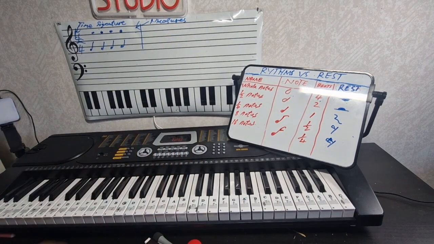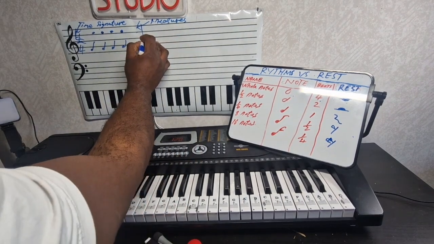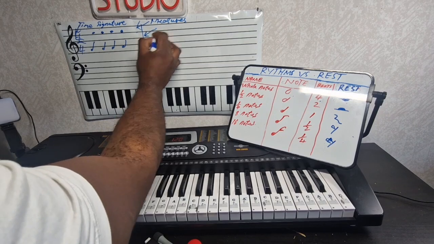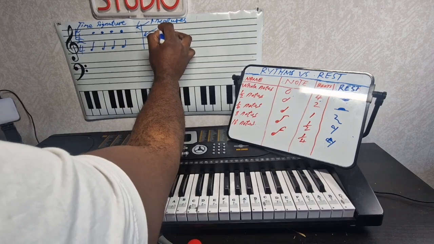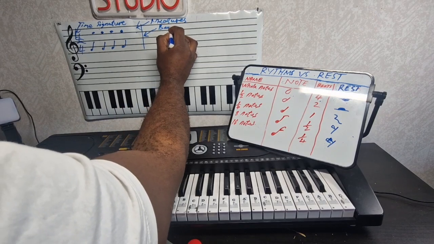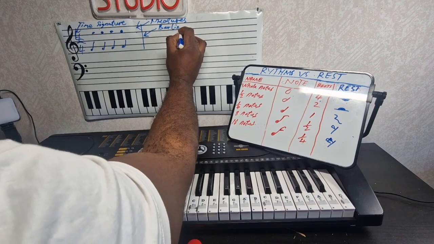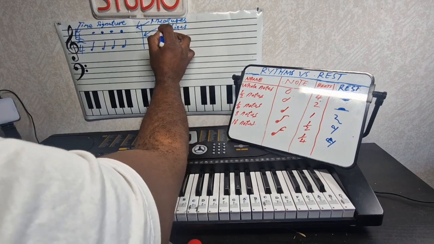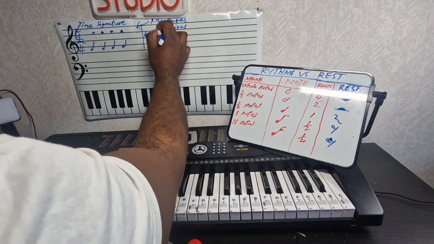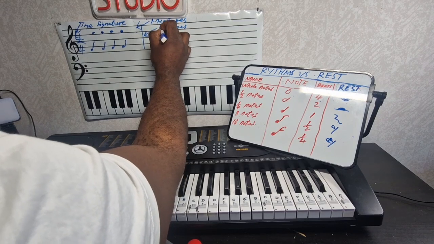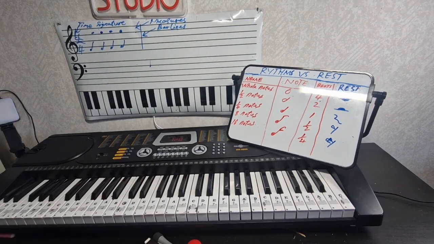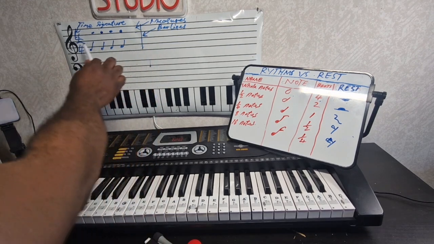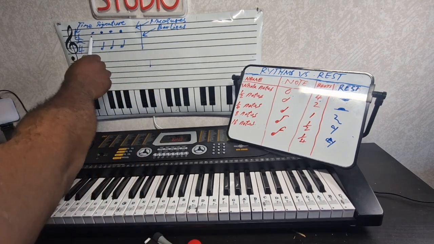Measures. Okay? And this line is called bar lines. All right. So it's called the bar lines. So this one is the bar lines, this is a measure, and this is a time signature.